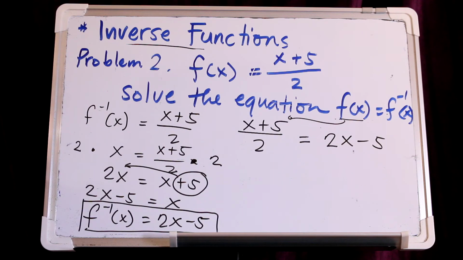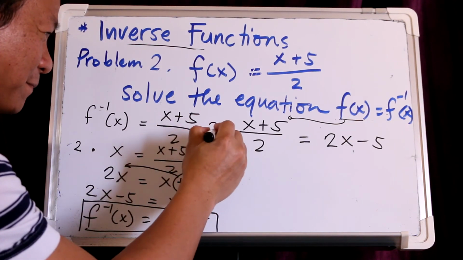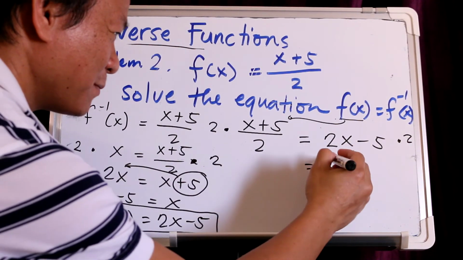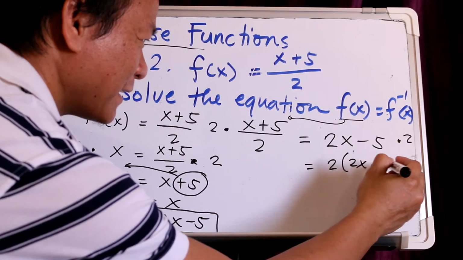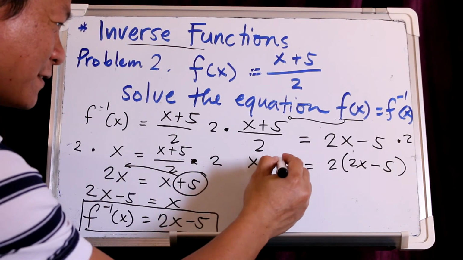Okay, so let's go. What we are going to do now is multiply this with 2. If we multiply that with 2, this side will be having 2 times 2x minus 5, and here is x plus 5.